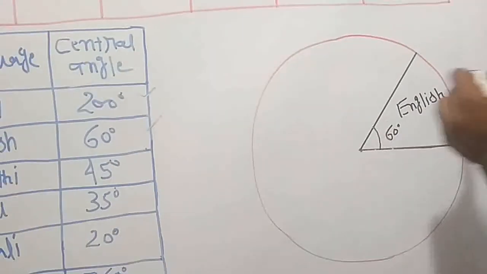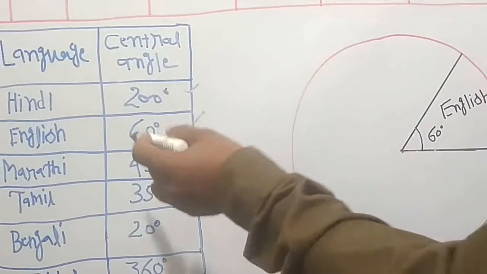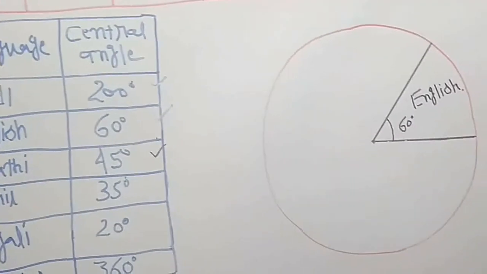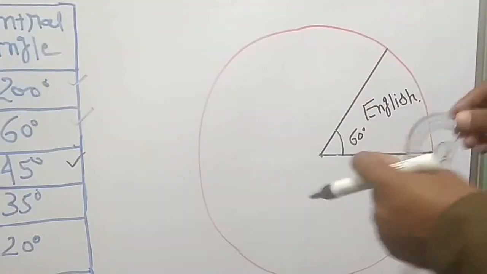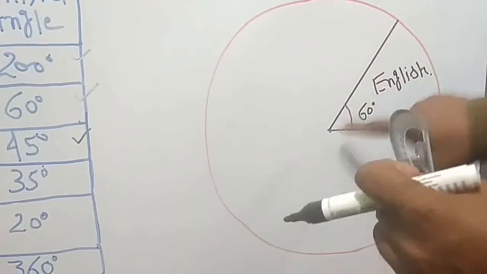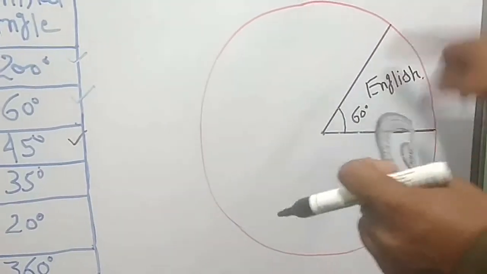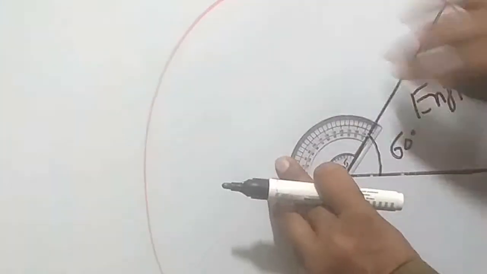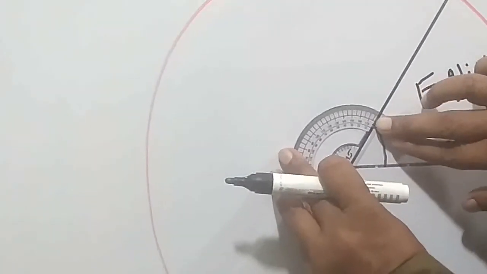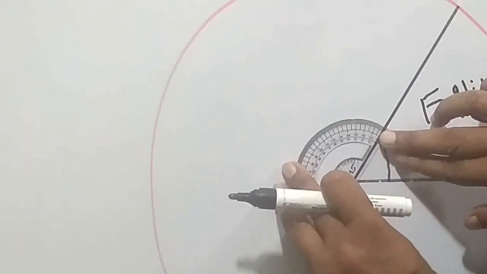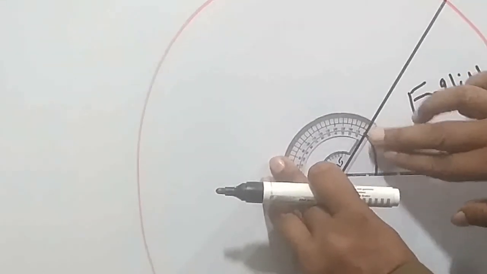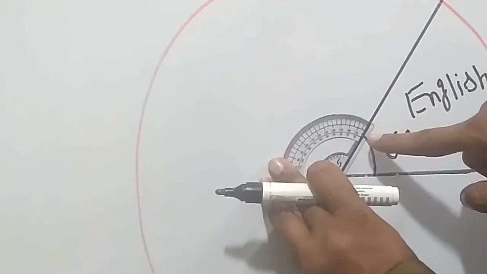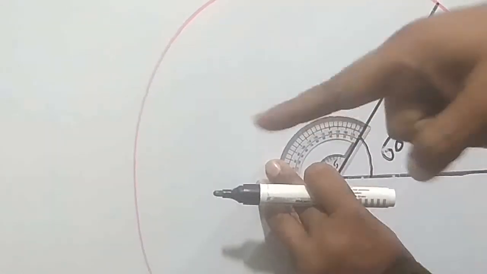Similarly, we draw the next angle, 45 degrees for the Marathi, and again we take the protractor. This time we take this as the baseline. Now we set our protractor here, match the line, match the centers of the protractor and circle both, and then start reading from the baseline: 10, 20, 30, 40. It is 45, in between 40 and 50.